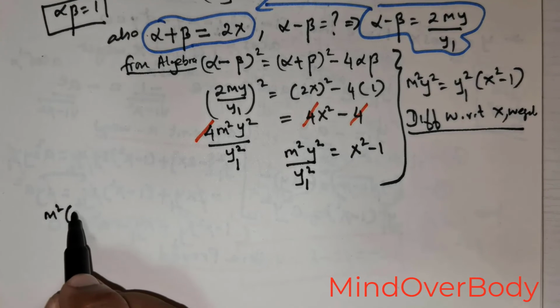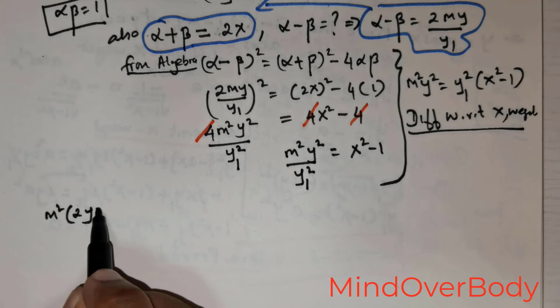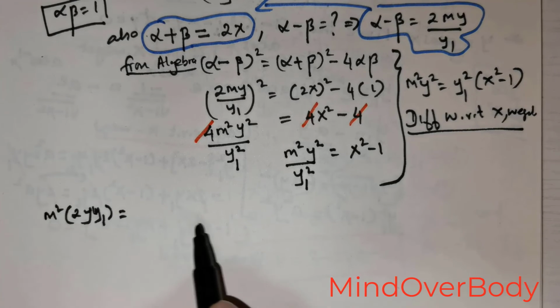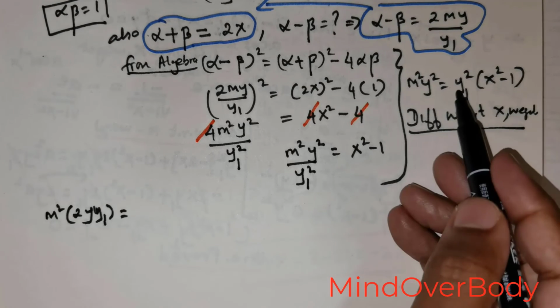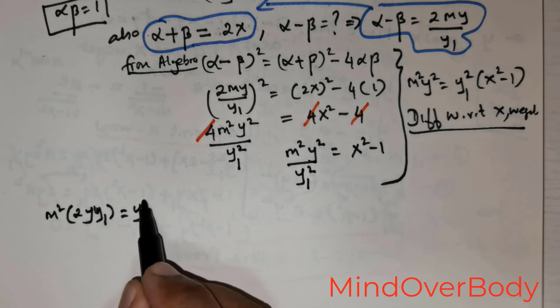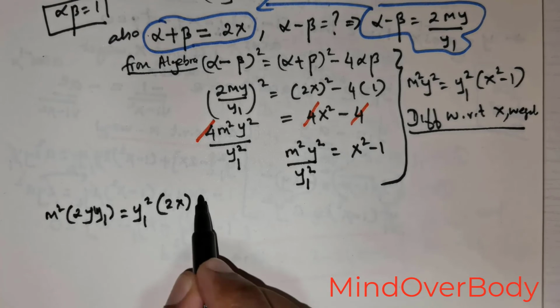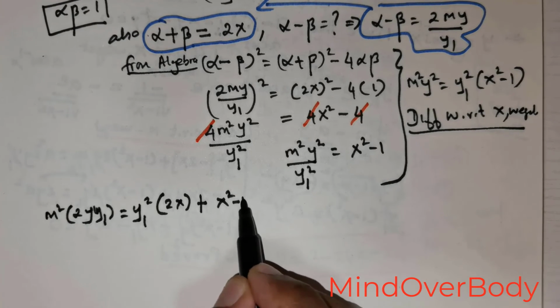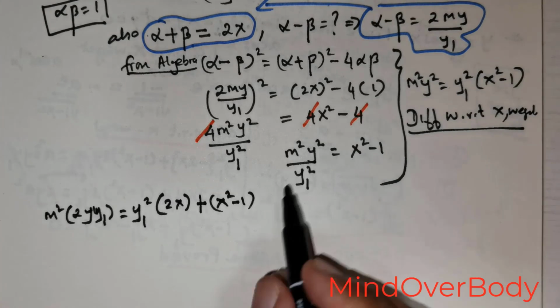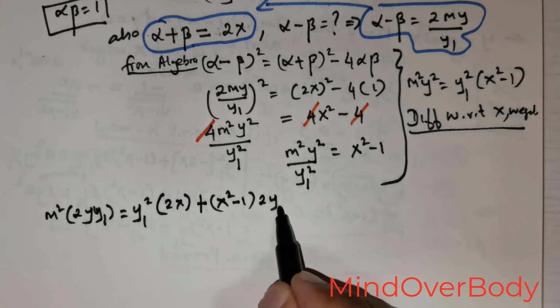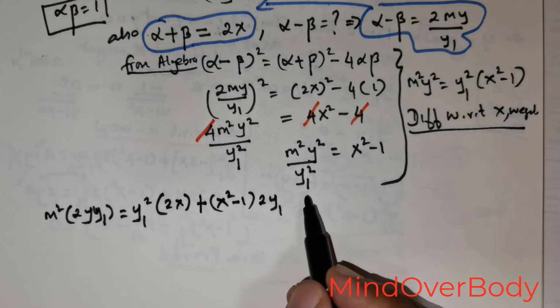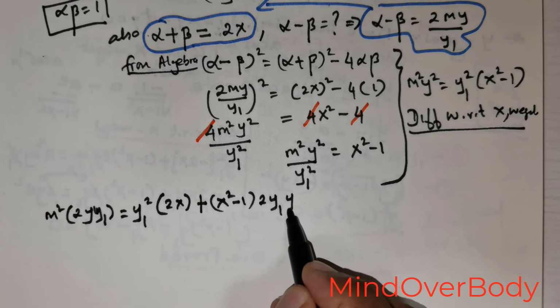I differentiate y squared, which is going to be 2 times y times differentiation of y, that's y1, is equal to, I should differentiate this, so it's UV form, y1 squared times the differential of x squared, that's going to be 2 times x, positive x squared negative 1 times differentiation of this, which is going to be 2 times y1, differentiation of y1 would give me y2.